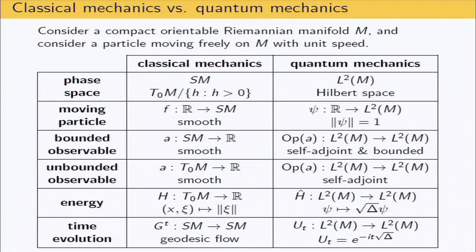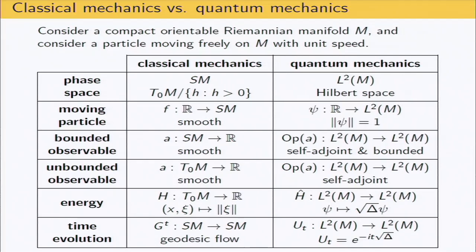Another extreme is when A doesn't depend on position, it only depends on the momentum. Well, that doesn't make much sense on SM as a whole, but if you take a chart on M on which you can locally trivialize the tangent bundle, you can think of the corresponding piece of the unit tangent bundle as a product of a chart and R^d times R^d for the tangent bundle part.